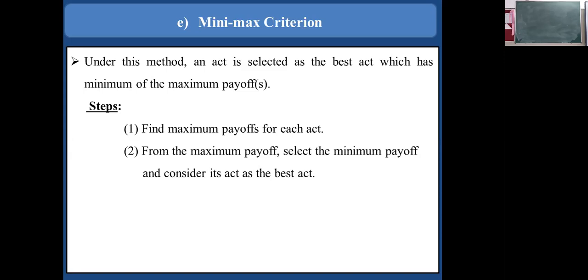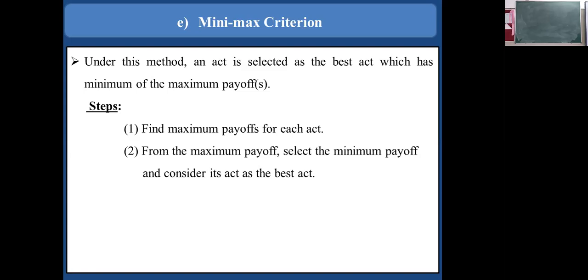But in Minimax criteria, we will not find the regret table, but we will find the minimum of the maximum profit. So here in Minimax criteria only, we'll decide that act as the best act which gives us minimum profit rather than loss. So mind well this difference between Minimax regret rule and only Minimax rule.